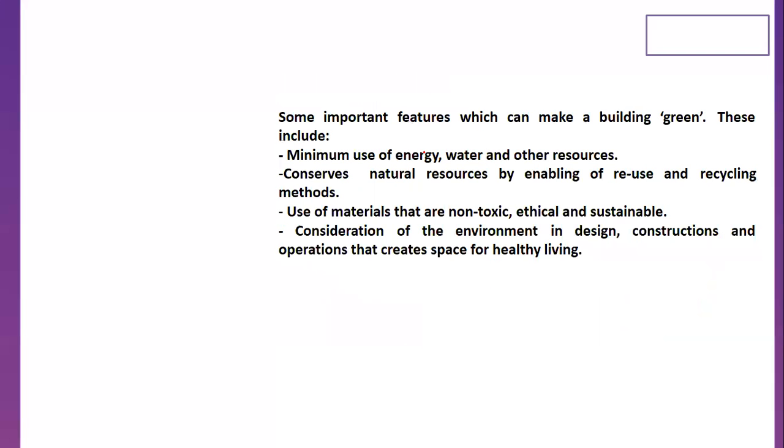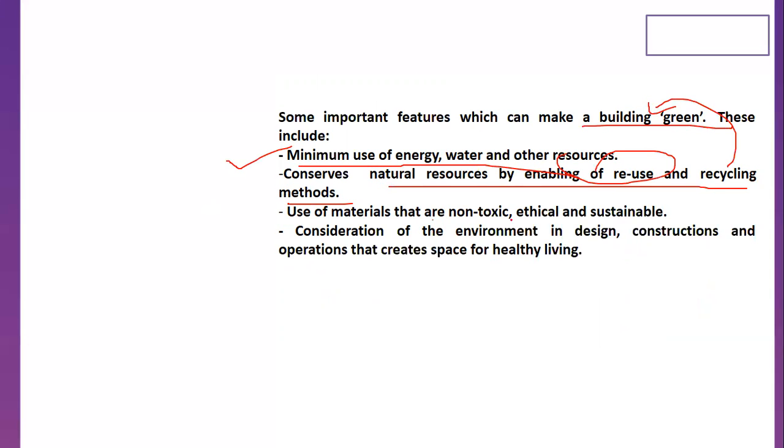Some of the important features which make a green building or building green are, for example, a minimum use of energy, water and other resources. It helps to conserve natural resources by reuse and recycling methods. So reusing and recycling are the best way to come up with the concept of building green.